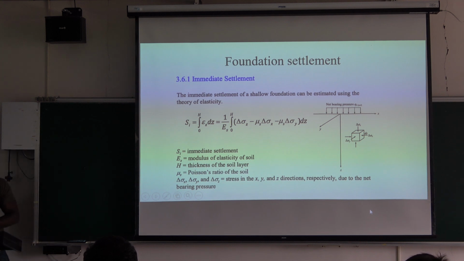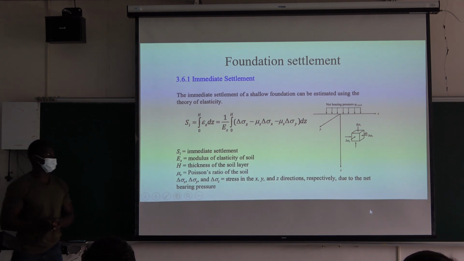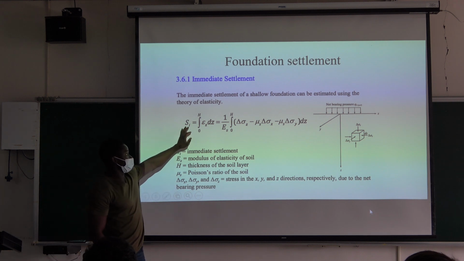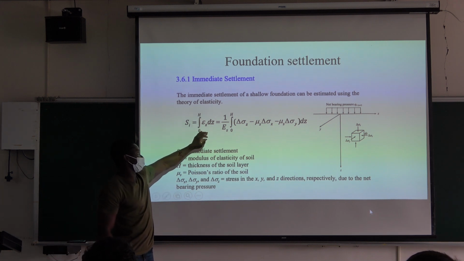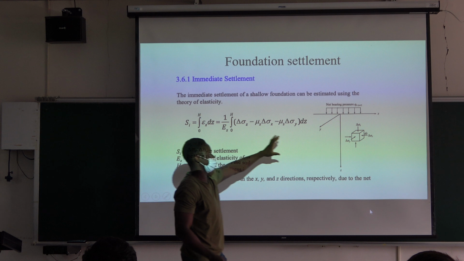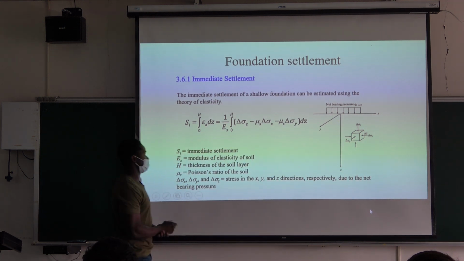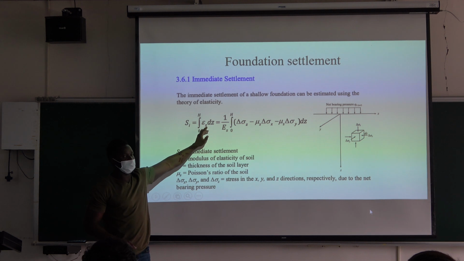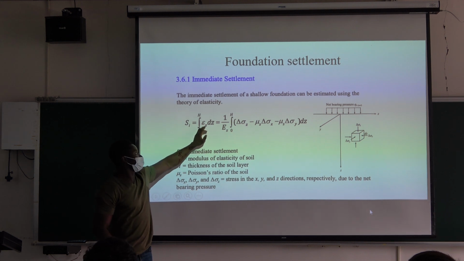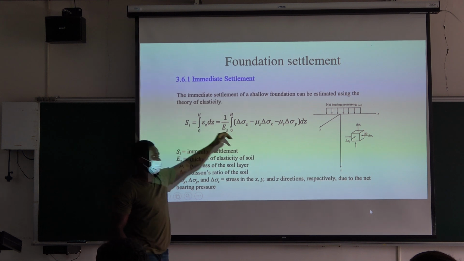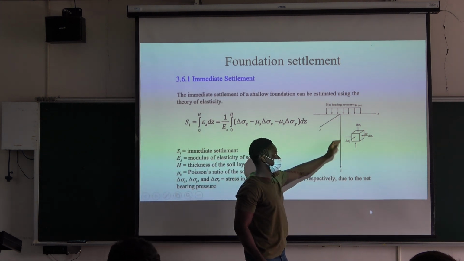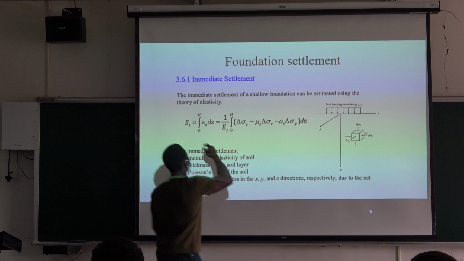Here we have an equation you can easily use. The settlement is the integral from 0 to x, where 0 to x is the thickness of the soil layer you are trying to deal with. We all know what strain is, so you are integrating the strain along the z-axis, the small changes from 0 to x.